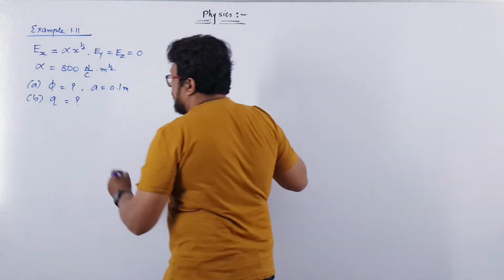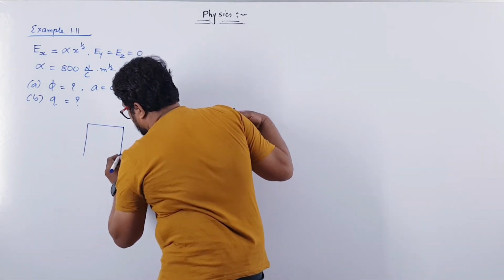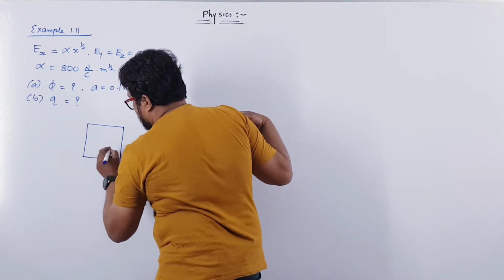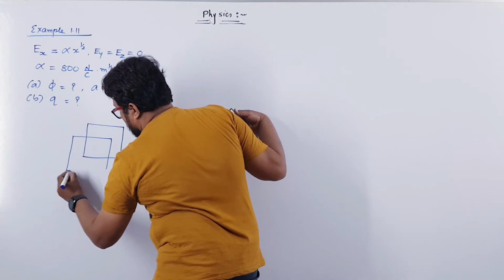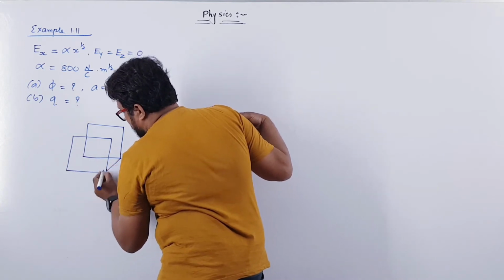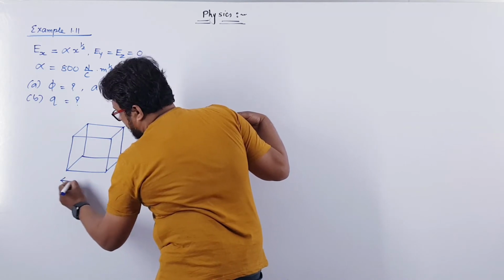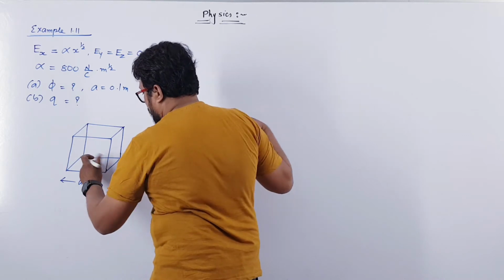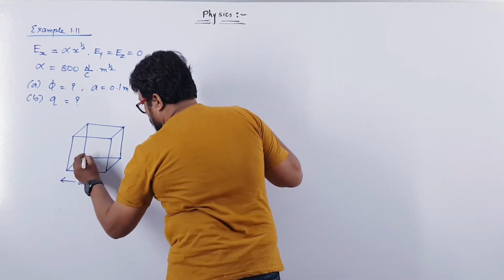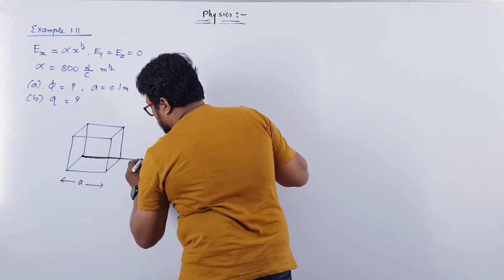So if we draw the figure, this is the cube which is given in the figure. The length or the side of the cube is A. It is kept in such a way that one of its vertices lies at the origin of the coordinate system.